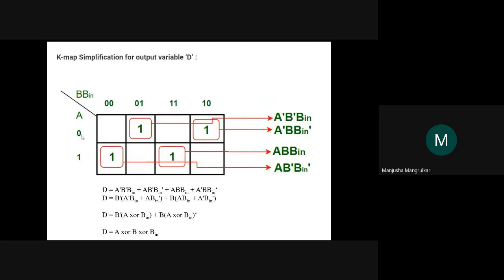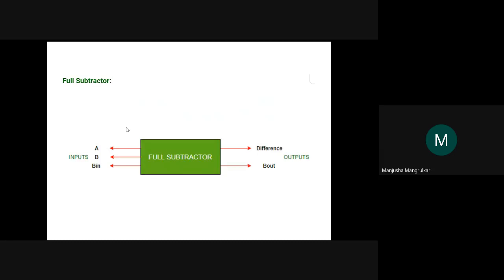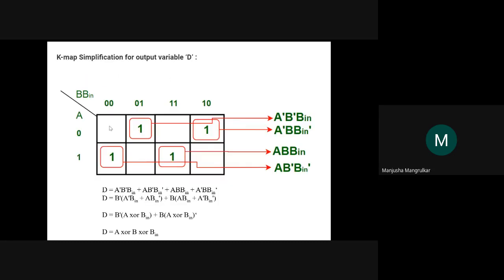So 0 0 0, 0 0 1, 0 1 0 and 0 1 1, then 1 0 0, 1 0 1, 1 1 0 and 1 1 1. Now see here, this is 0 1 2 3, and then 4 5 6 7.